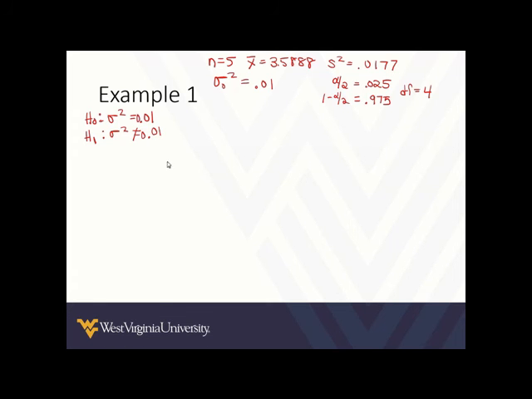Now we can calculate our test statistic. This would be 5 minus 1 multiplied by our sample variance, all over 0.01. And if we type this into our calculators, we're going to get a value of about 7.08.